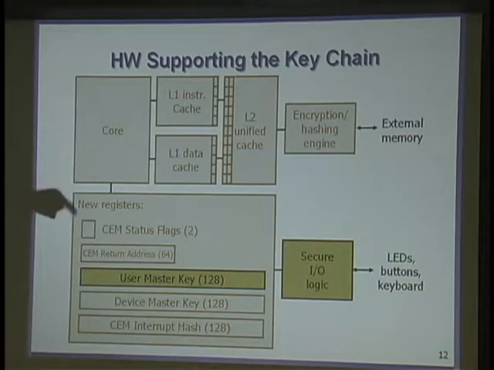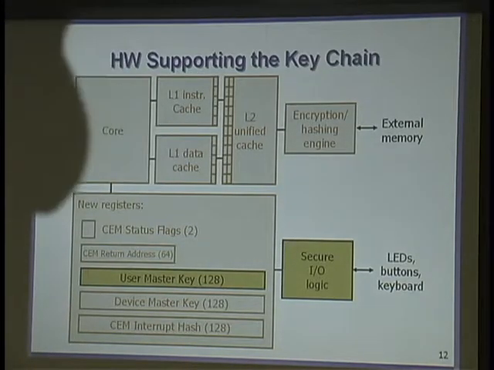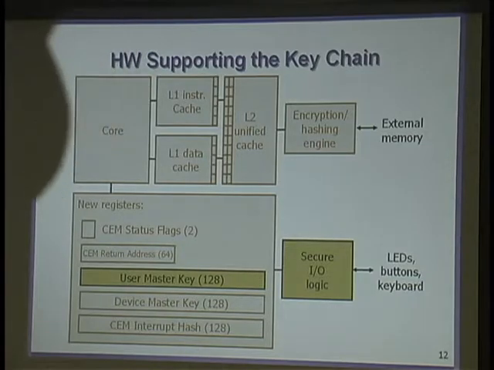But the hardware, through secure I/O logic, which does not go through the operating system, the new piece of logic, will take the user's input and generate the user master key and stick it in that user master key register. So that's the first critical secret we protect. It's the user's user master key that encrypts his whole keychain.